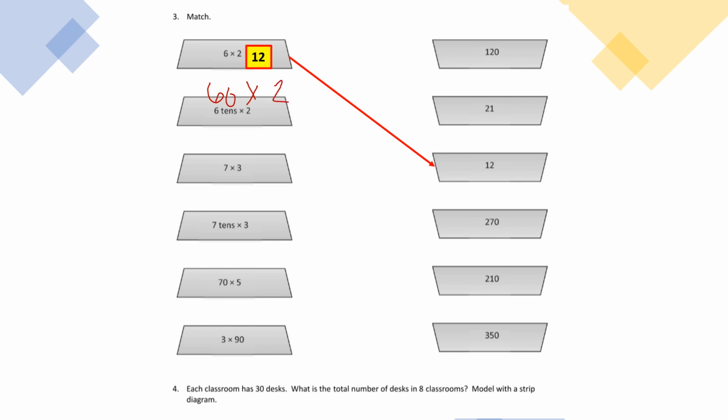Well, like I said before, we focus on those first two numbers, 6 and 2. 6 times 2 is 12. And then there's a 0 in the ones place. So 6 tens times 2, or 60 times 2, is 120. And we draw a line from that block to the block with 120 in it.